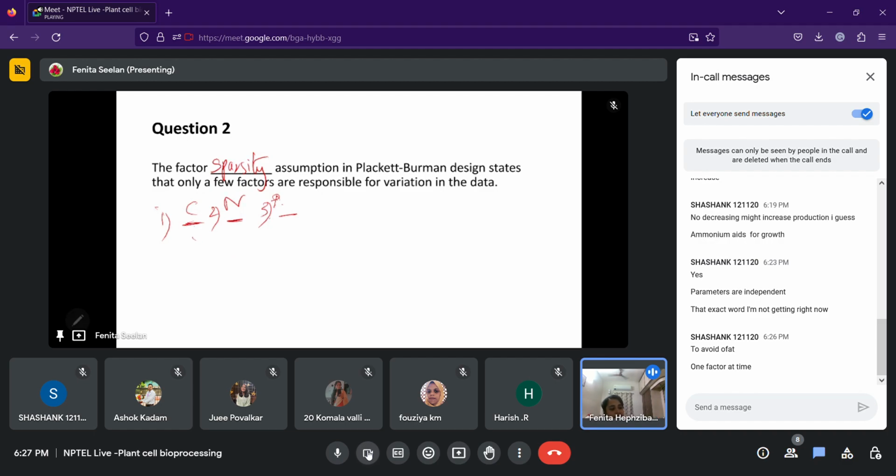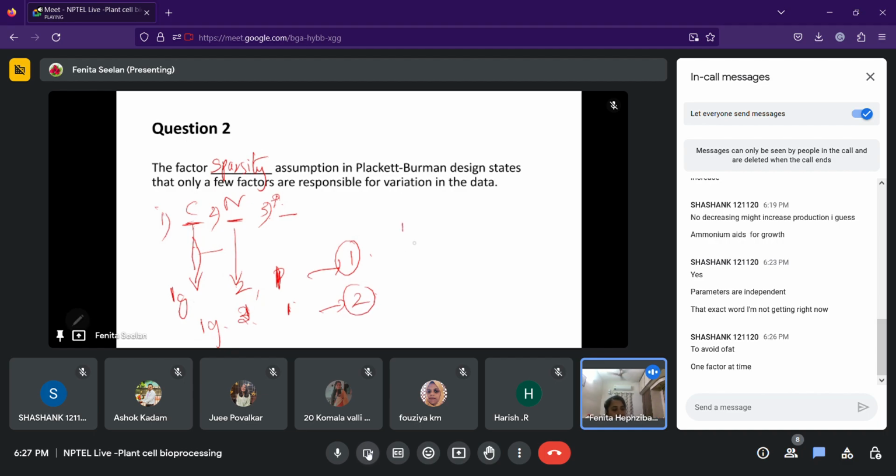If I vary one and keep the others fixed, say I fix the concentration of sucrose as 1 gram of carbon source, vary nitrogen to 2, and keep the phytohormone fixed at 1 gram, I will do one trial with this, the first trial. Then I will keep 1 gram, vary this, keep this fixed, increase or decrease it, and do like that. So I will do a second trial, and it keeps on going.